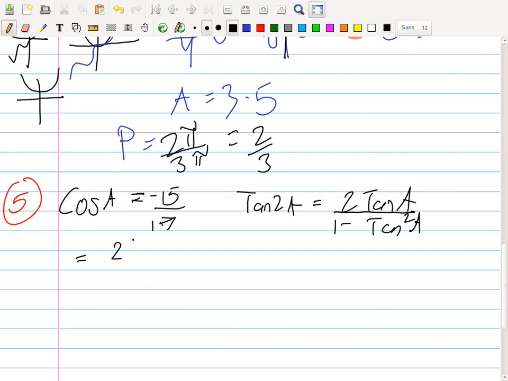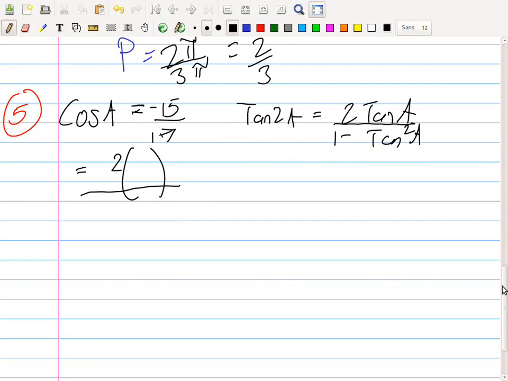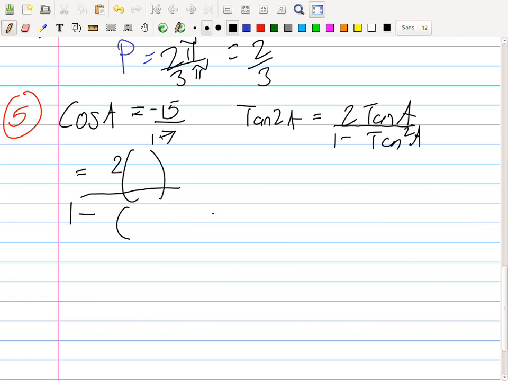Now, tan is opposite over adjacent. Let me go down a bit. Now, cos is adjacent over hypotenuse. So this is the adjacent here. So I'll put a minus 15 in the denominator. And how can I get the opposite?